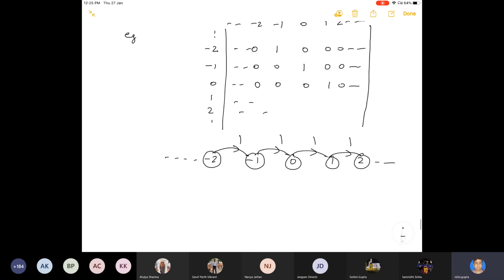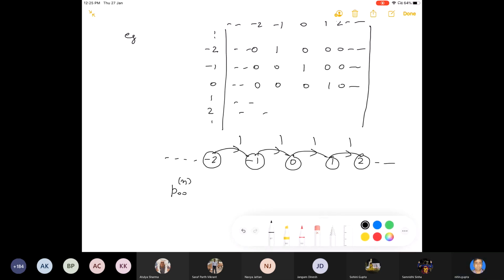For example, I want to find P00(n). However many steps I take, I cannot come back, because if I leave that state, I cannot come back. So clearly the period of any state you take will be 0. Is it okay? Yes, sir.